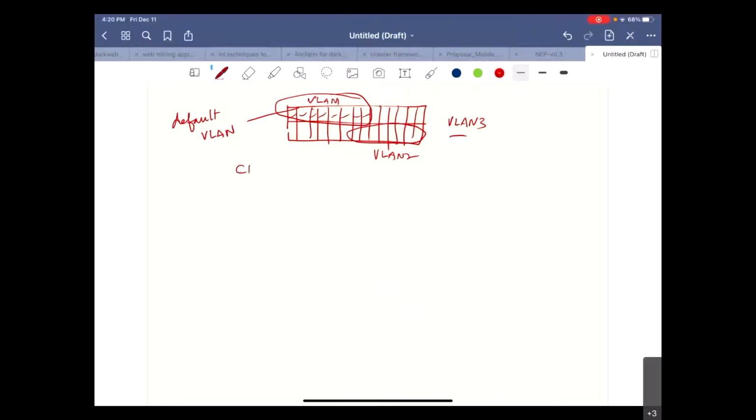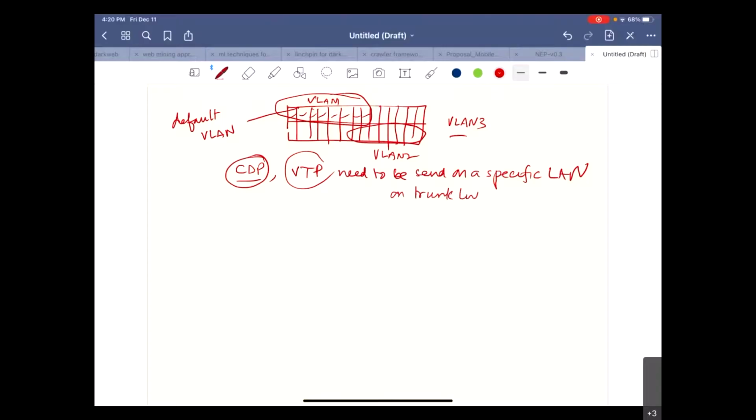And CDP, which we learned, is the Cisco Discovery Protocol, or the VLAN Trunking Protocol, VTP, which needs to be sent on a specific VLAN. Here you also understand that CDP and VTP work on trunk links, basically. That is where the switches will work.